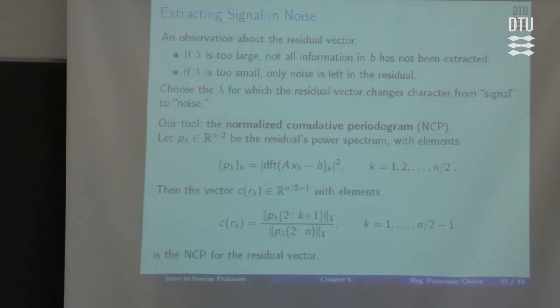So we would expect the residual vector to look quite different in those two cases. If only noise is left in the residual, it should look noisy. It should look like some noise, some random. And if we're in the other situation where information is still available, we would expect that it still looks like kind of a signal, like something more smooth, maybe with a bit of noise on top of it.